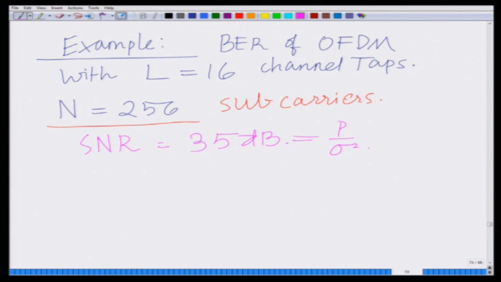My question is, for this system, what is the bit error rate? So I have an OFDM system with L equal to 16 channel taps, N equal to 256 subcarriers, and SNR P by sigma squared of 35 dB.